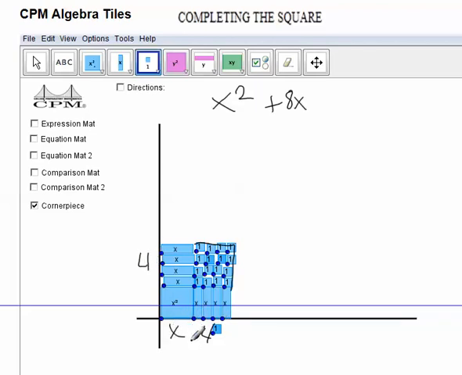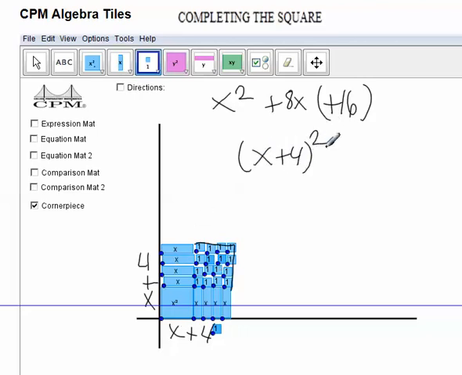So when I factor now, I've got an x plus 4 by an x plus 4. It's a perfect square, the exact same length on either side. So I would have to add 16 units to complete my square. The dimensions of my square are x plus 4 by x plus 4.